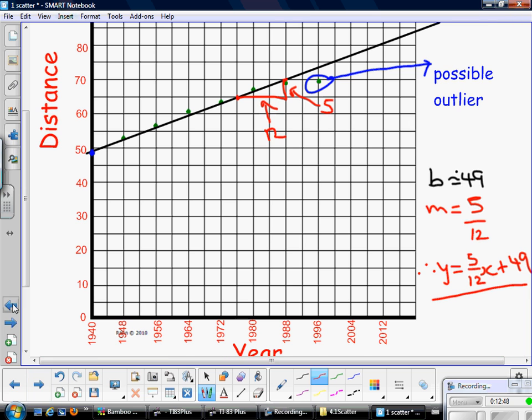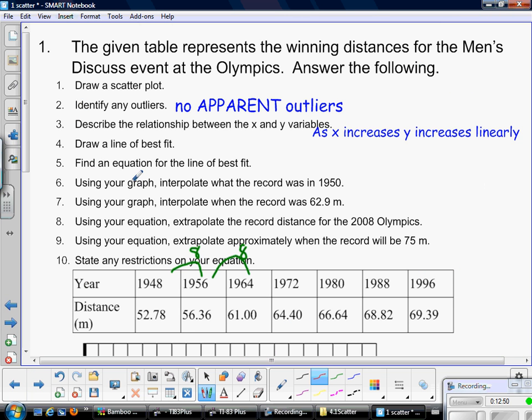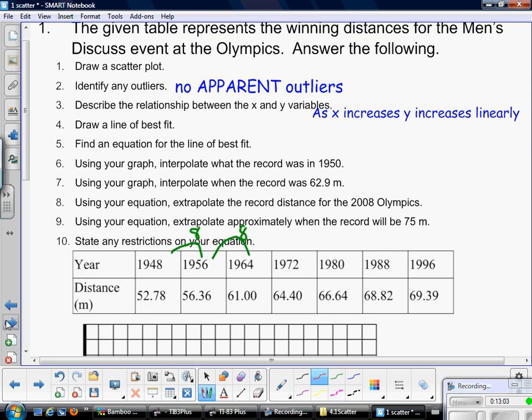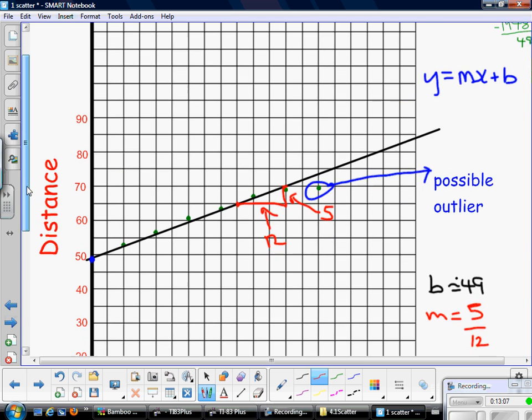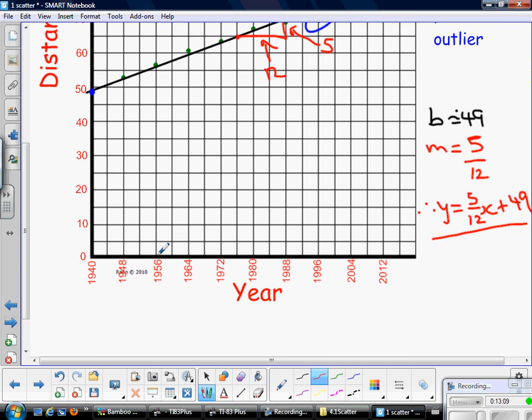Then they ask me to, using your graph, interpolate the record for 1950. Okay, so let's look at this for 1950. So in 1950, here's 56, here's 44, so 1950 is here.